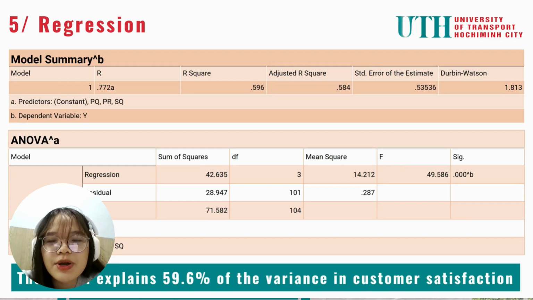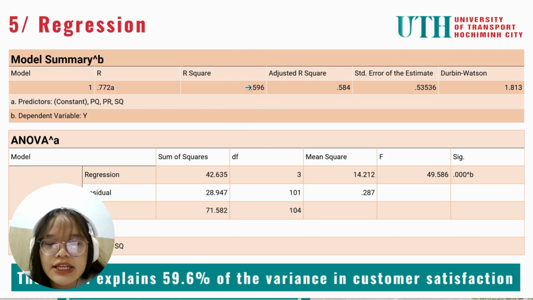The model summary showed that the R value was 0.772, indicating a relatively strong relationship between three independent variables and customer satisfaction. The R square is 0.596.